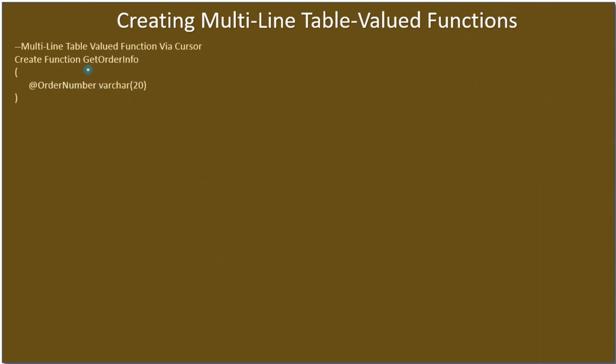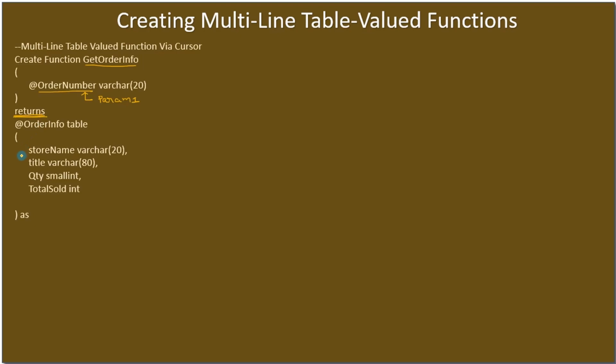Here our function name is getOrderInfo. That's the function name, and it takes a parameter, order number. That's the only parameter we have here. Then returns.